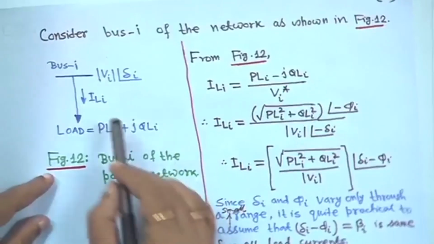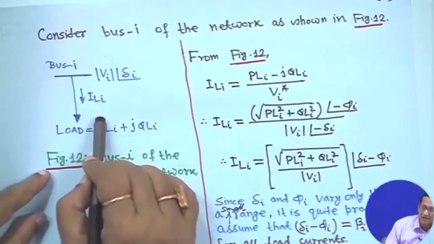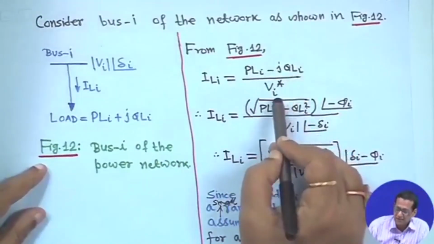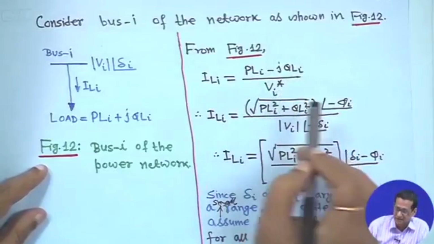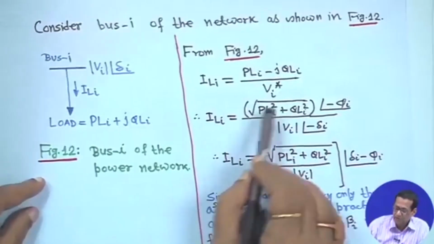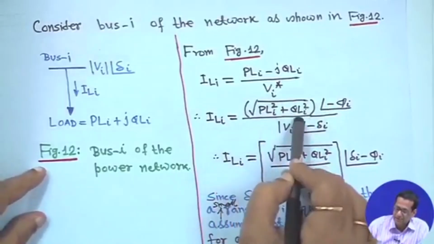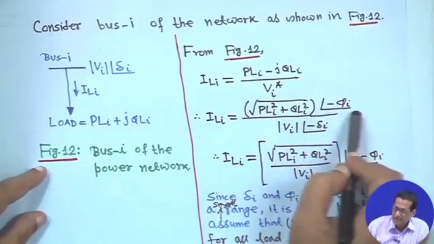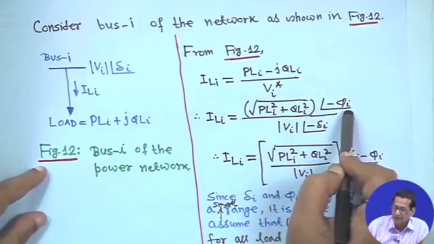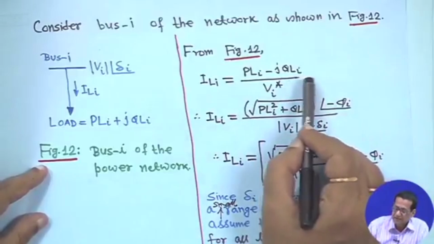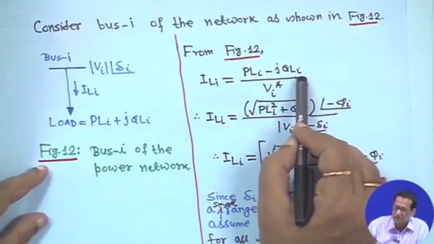So the load current I_LI is P_LI minus jQ_LI divided by V_I conjugate. That means I_LI can be written with magnitude root over P_LI square plus Q_LI square, and angle minus phi_I, where phi_I is tan inverse of Q_LI upon P_LI.